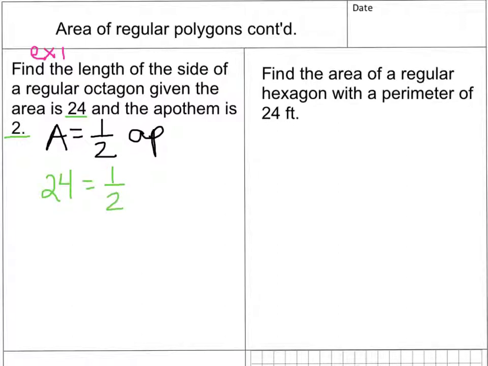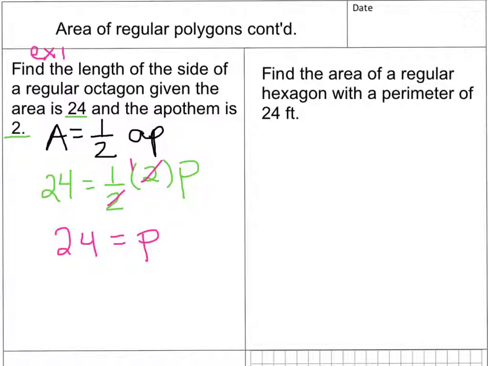The 2 represents the apothem, so instead of A, I am putting a 2. I don't know the perimeter, so let's solve for perimeter. Half of 2 is 1. 1 times P is P. So my perimeter is 24.